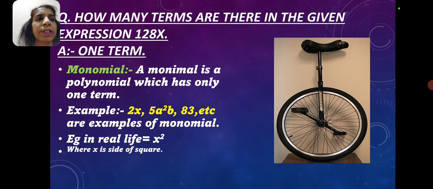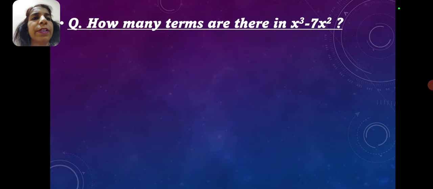So see, there is a bicycle which is used by gym trainers, which is used to keep our body fit and healthy. And it is a monomial because it has only one wheel. This is an example of a real life example.